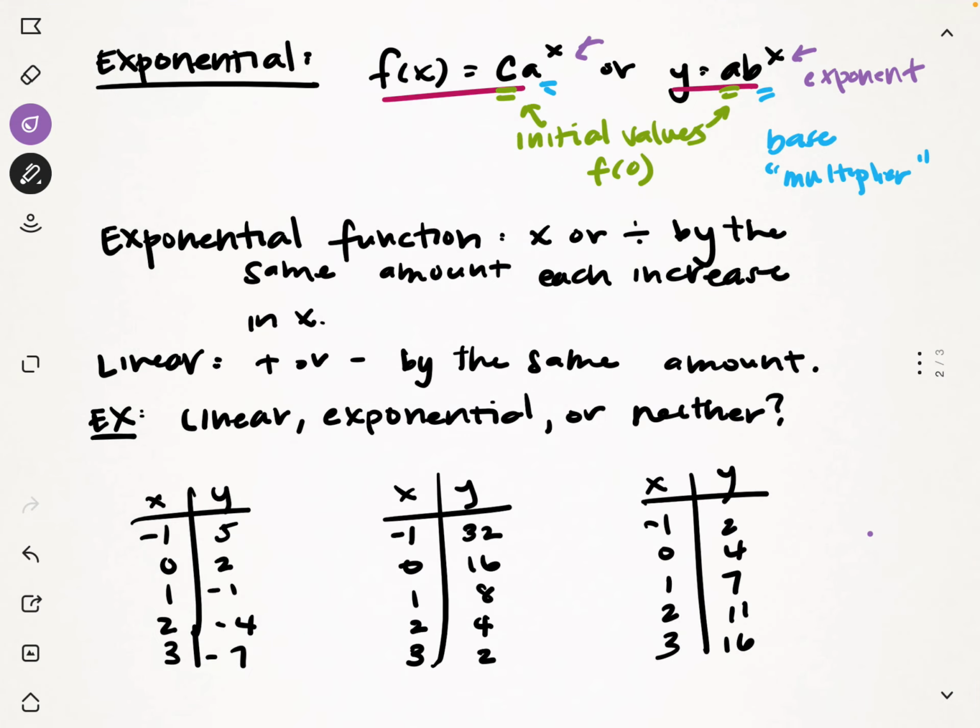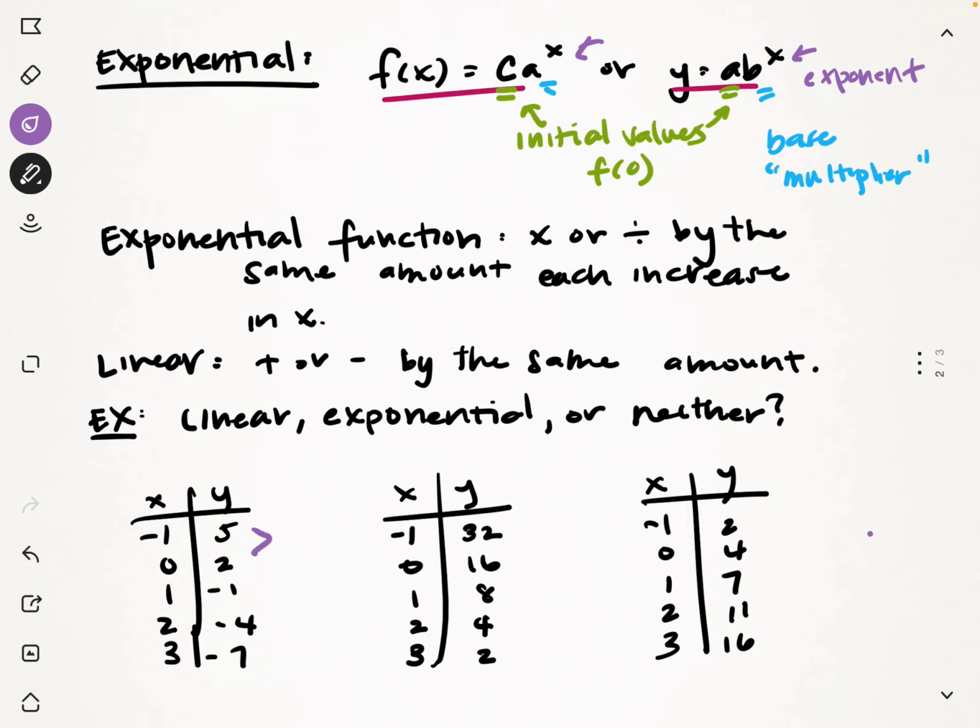Now when we're looking at linear, which you guys did extensively in Algebra 1, we add or subtract by the same amount each time. The first example is looking at 3 different tables, and we're going to determine, is it linear, is it exponential, or neither. So we're going to look at the differences here.